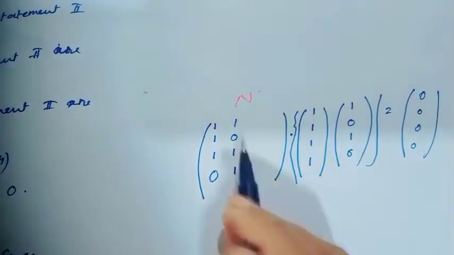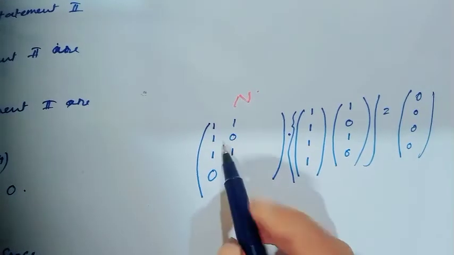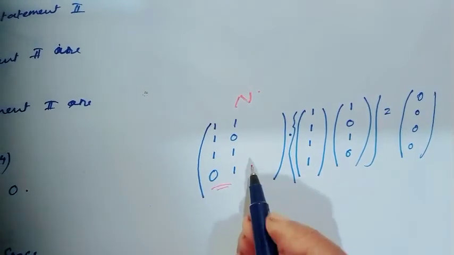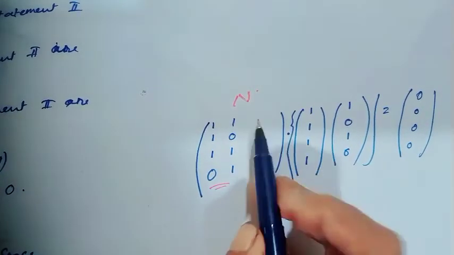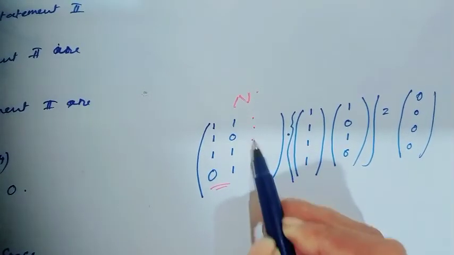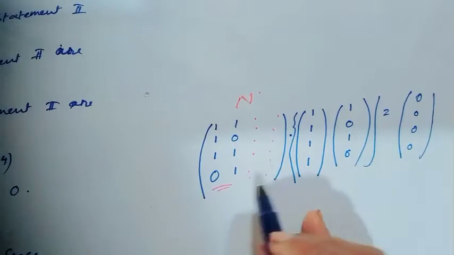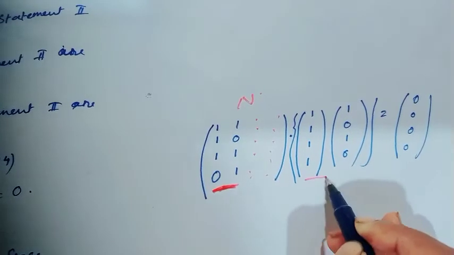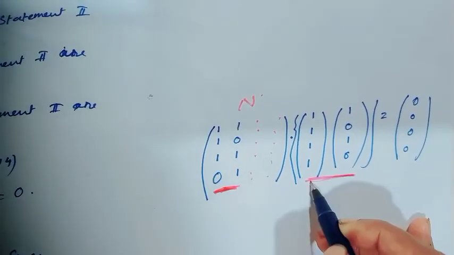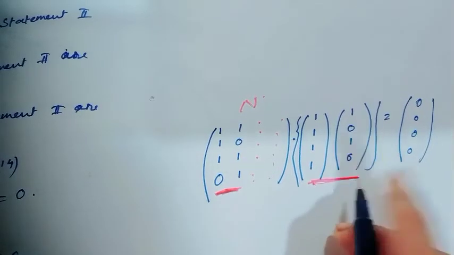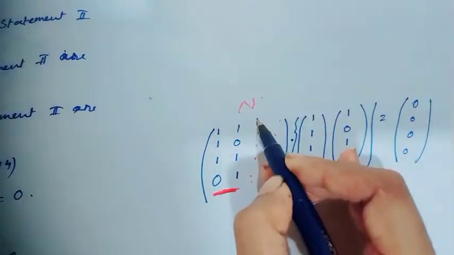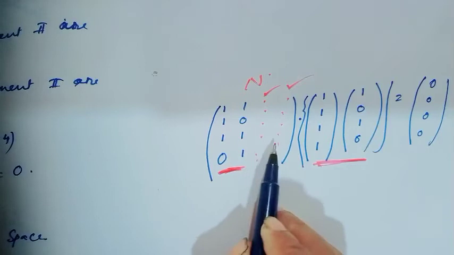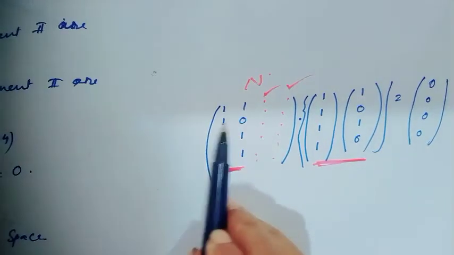Here the matrix is generated by these two linearly independent vectors, and obviously the matrix also contains two other columns. Since the column space has two linearly independent vectors and the null space also contains two linearly independent vectors, by the rank-nullity theorem we can tell the other two vectors would be linearly dependent, that means a combination of these two vectors.